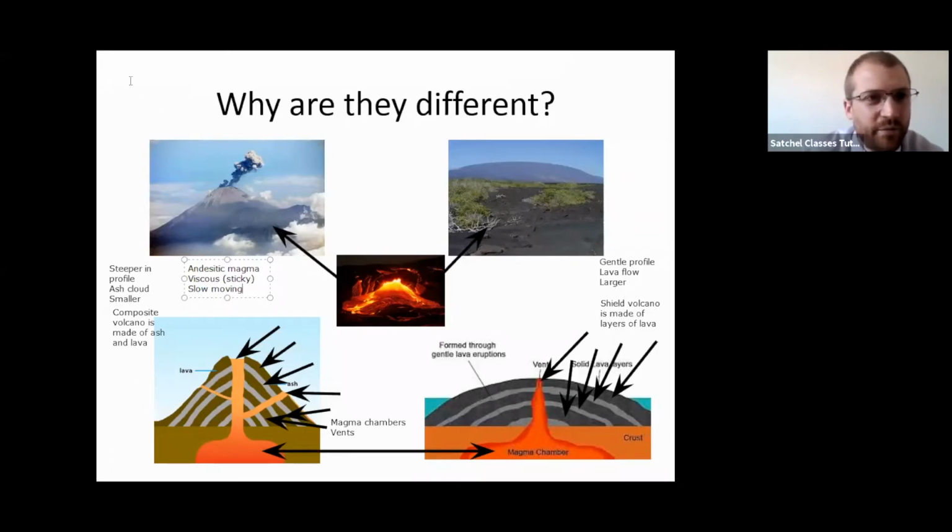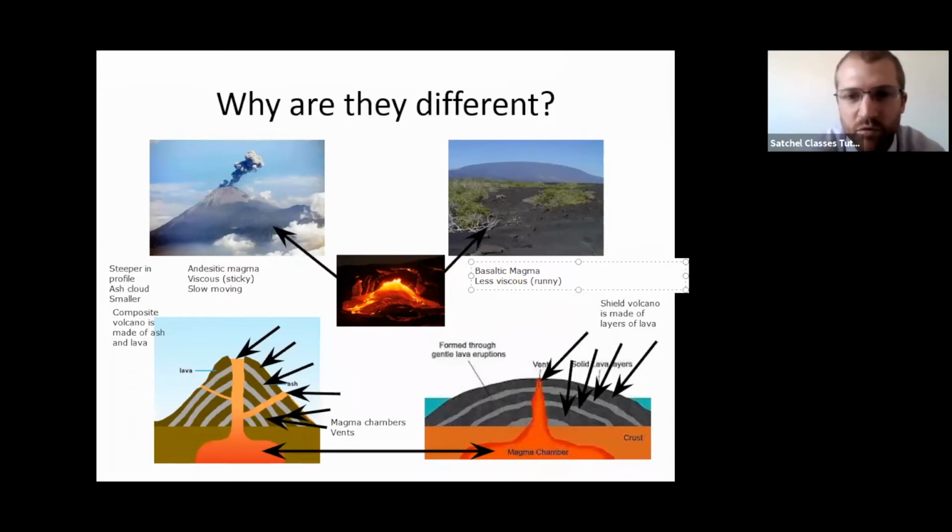Now, it's pretty much the polar opposite, because they have opposing characteristics, for our shield volcano. This is made up of a magma type called basaltic magma. It tends to be less viscous, which means less sticky, and I'll just put down runny, relatively runnier compared to the andesitic magma.